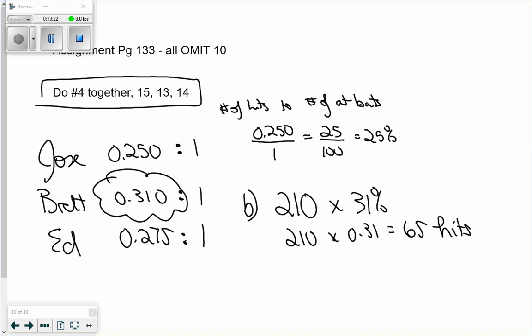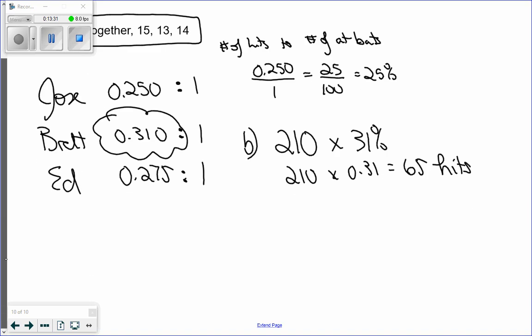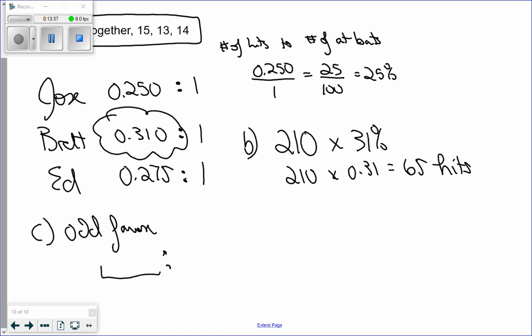Okay, so here's what we've been talking about. What are the odds in favor of Jose getting a hit? So odds in favor. So the first number that we see is hit. Second number we see is miss.